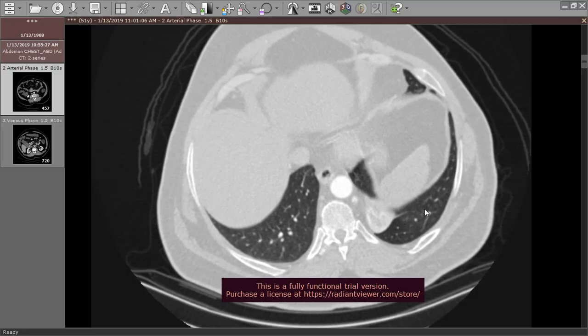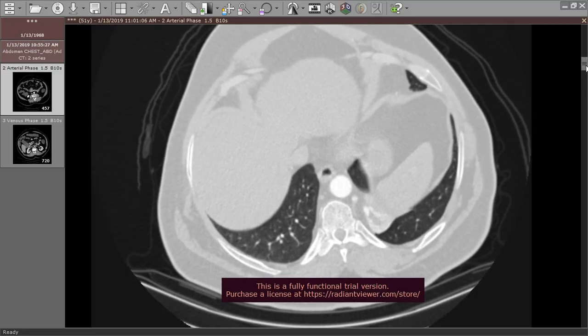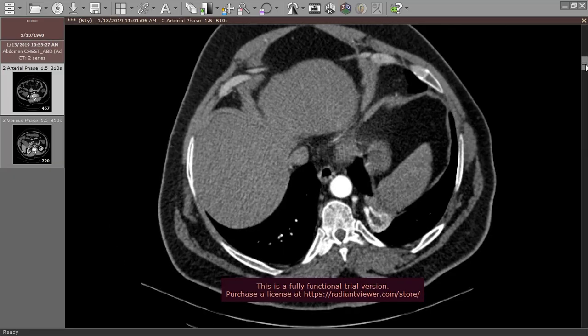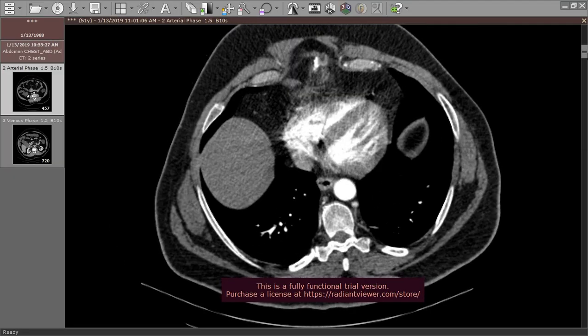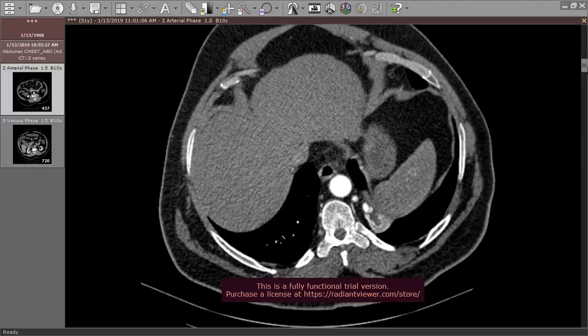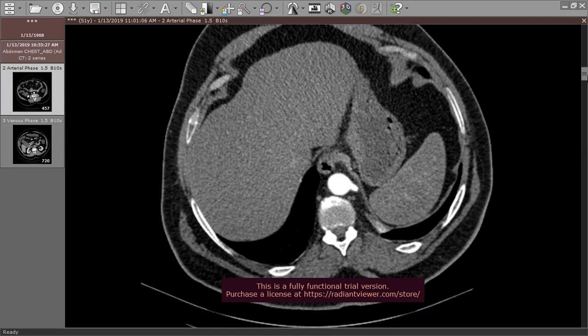Nearby, like an accessory fissure. If we refer to the mediastinal window, we will find a very important vascular relation here.